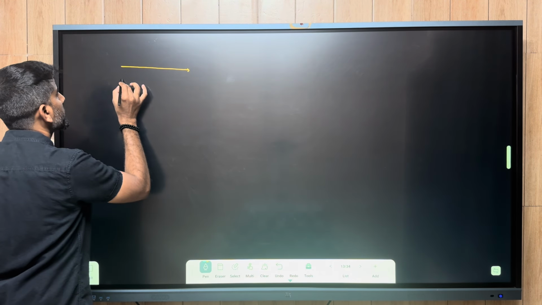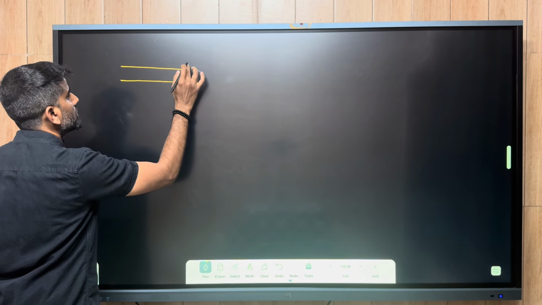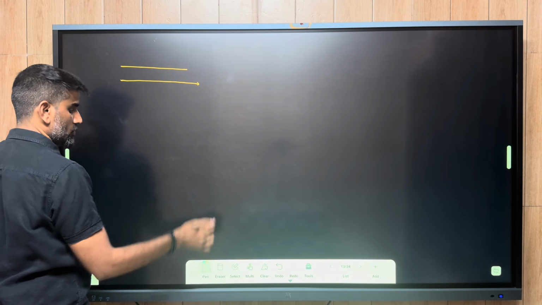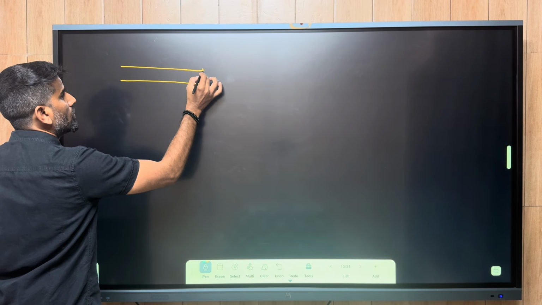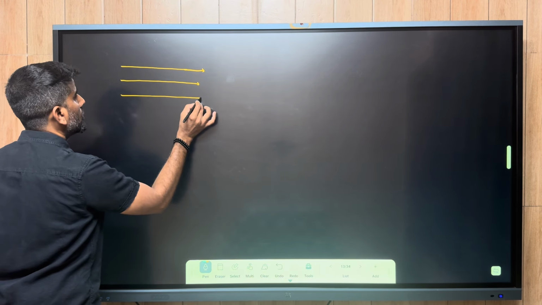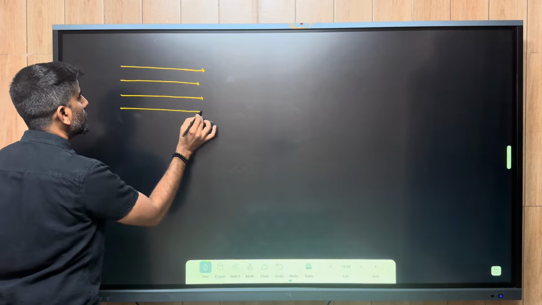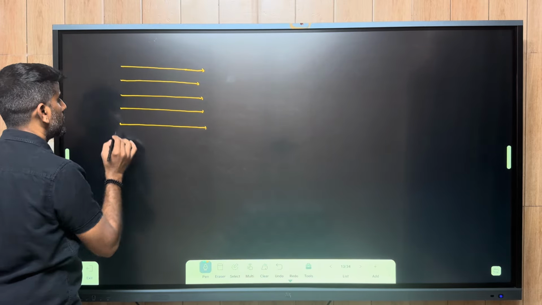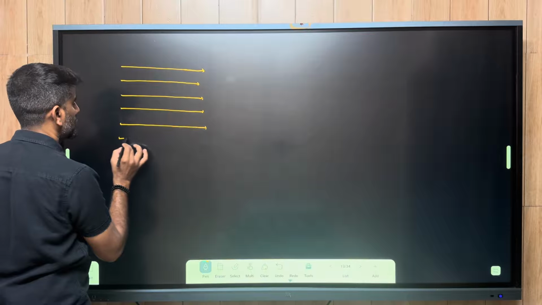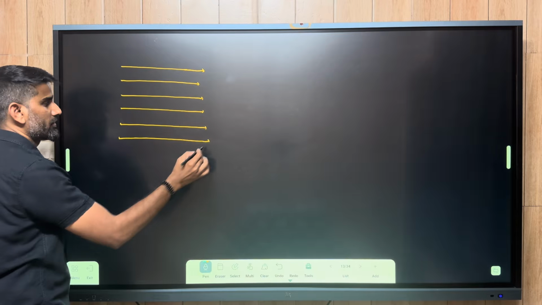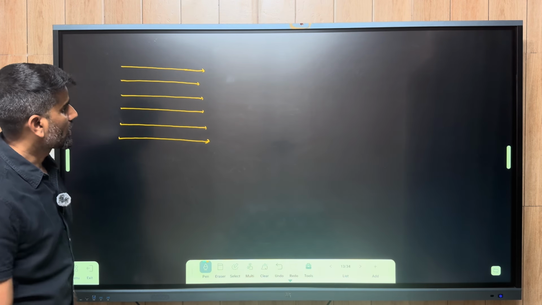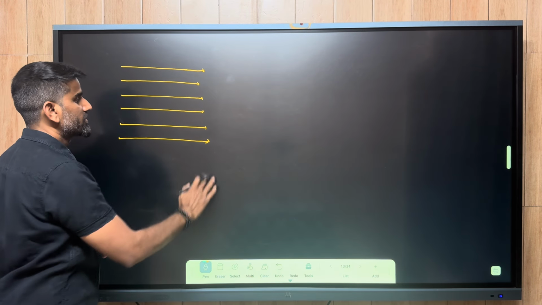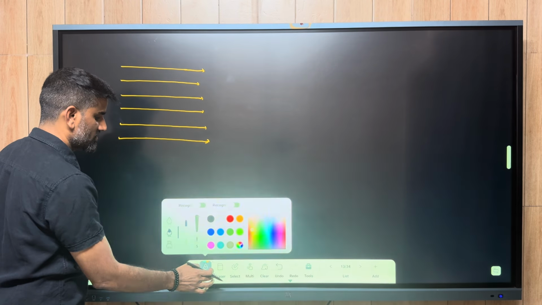So, uniform electric field. I may not be that accurate to draw the diagrams, but anyhow, all these arrows.